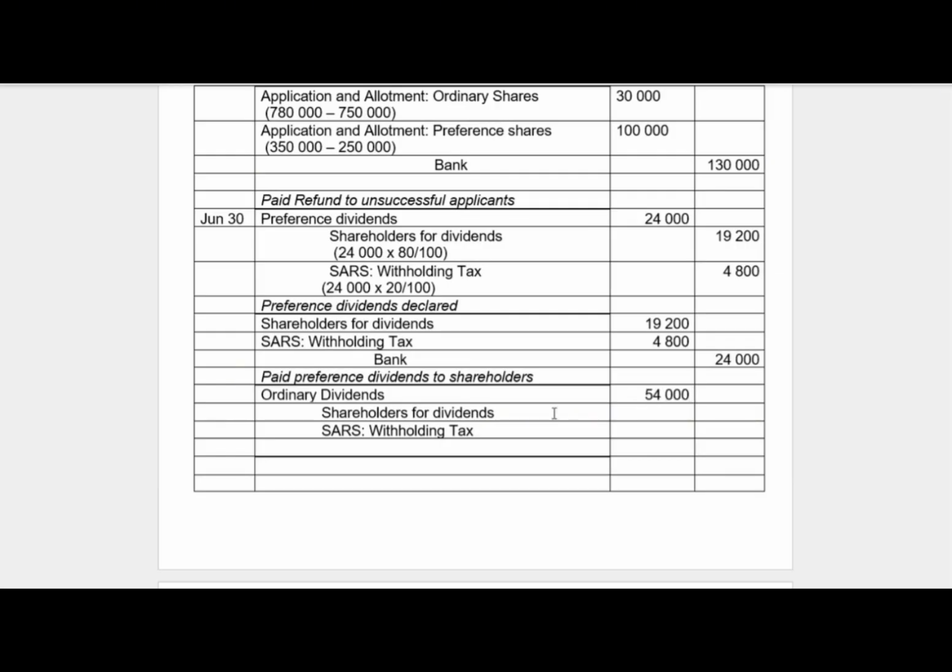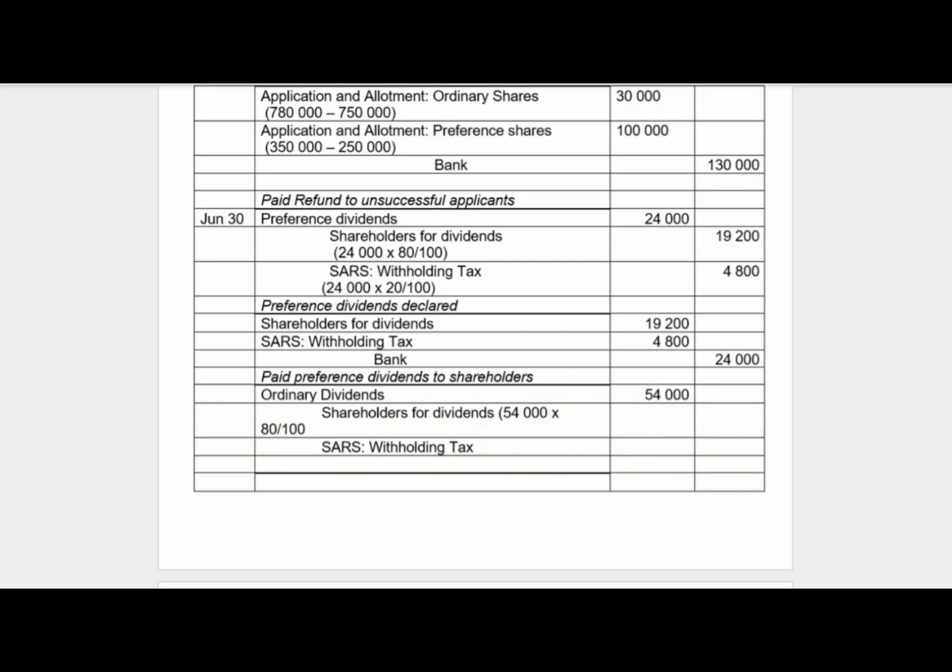All right. And then we're going to calculate 80% for shareholders for dividends, which is going to be 54,000 multiplied by 80 out of 100. How much are you getting there? 54,000 times 80, I'm getting 43,200.